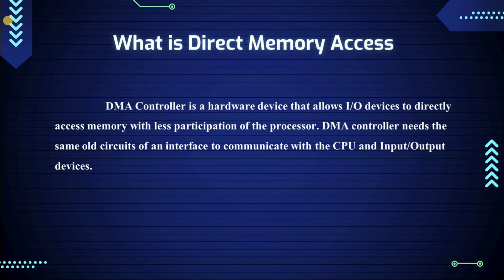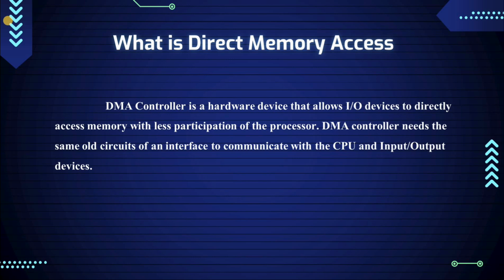DMA stands for Direct Memory Access, which is a technology used to allow hardware components such as sound cards, network adapters, and graphic cards to access a computer's memory directly without involving the CPU. Traditionally, when a hardware component needs to access data from the computer's memory, it has to ask the CPU to transfer the data.